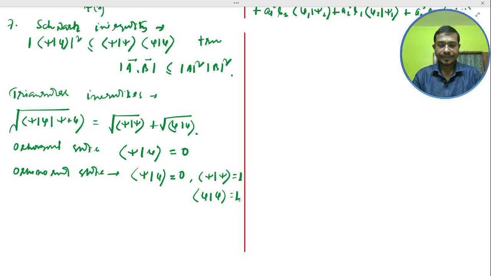Next, go ahead. Another important property: suppose psi and phi belong to different vector spaces, then the state phi with psi is called the tensor product.